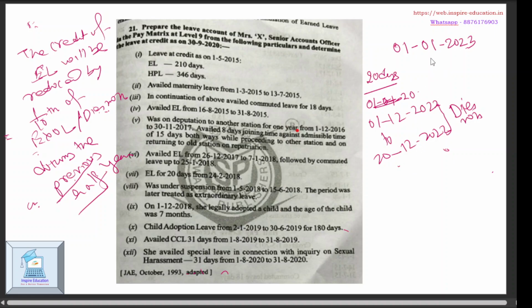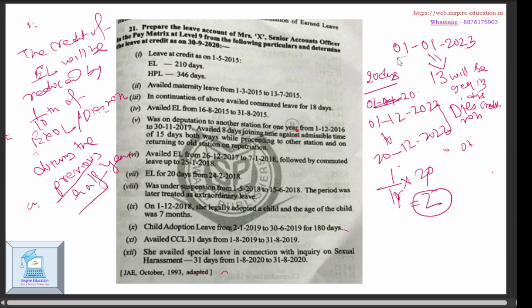How will we calculate the credit of the EL on 1/1/2023? We first have to reduce 1/10 of the number of days of dies non taken, 20. So 2 days will be reduced from the 15 days credit, and he will be getting 13 days credit on 1st January 2023.